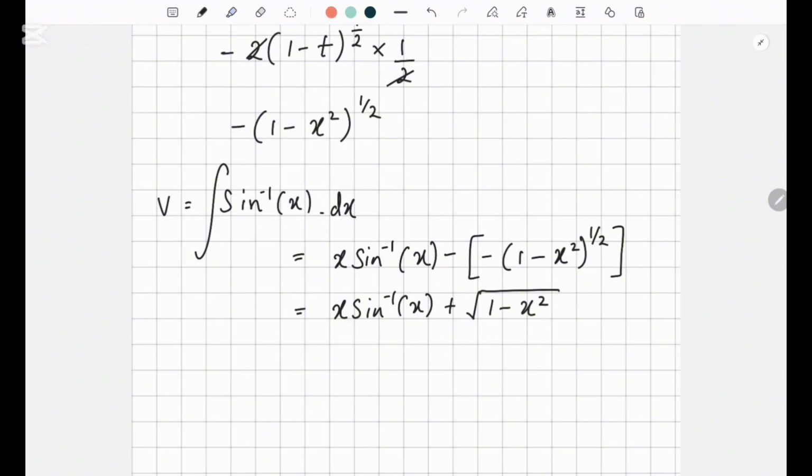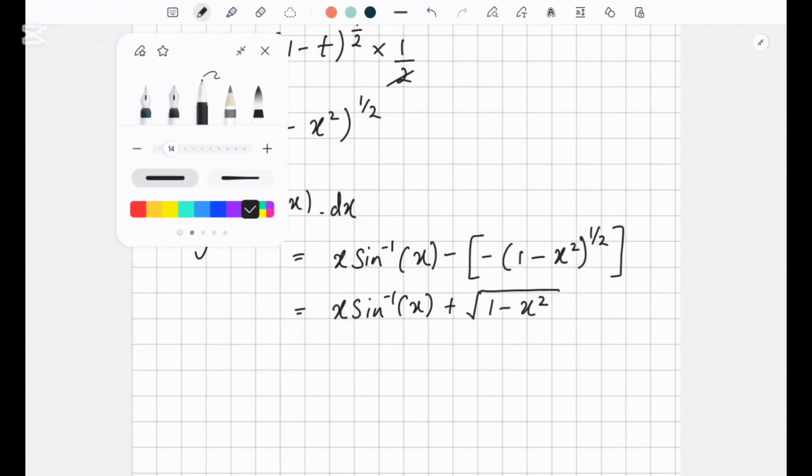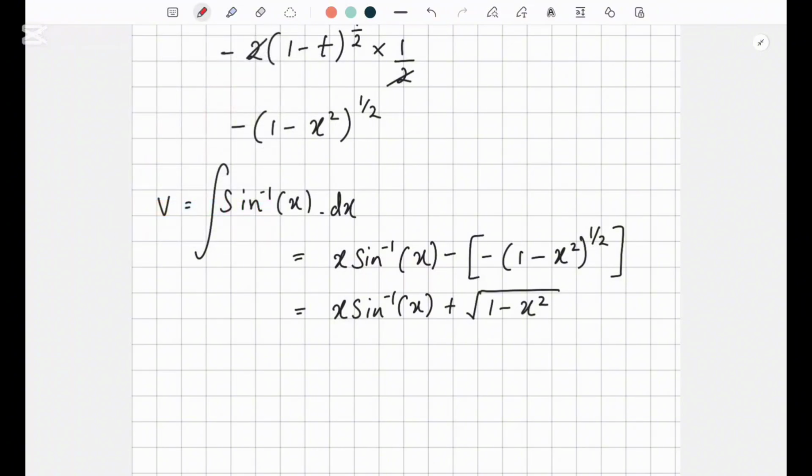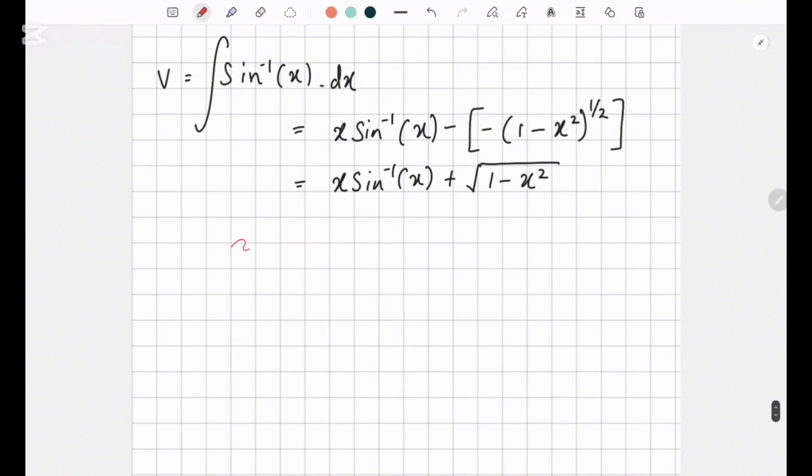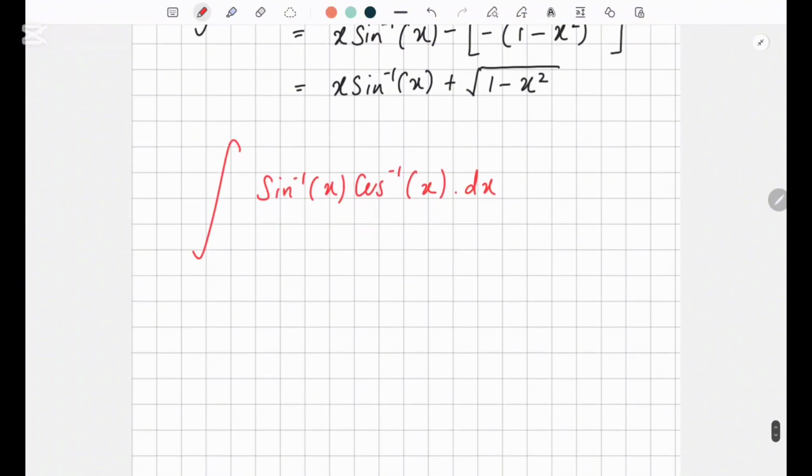Okay, so if you go back to your question, I'll write it with another color. Our question was the integration of sine inverse x cos inverse x. So we took u equals cos inverse x and dv over dx equals sine inverse x, right?